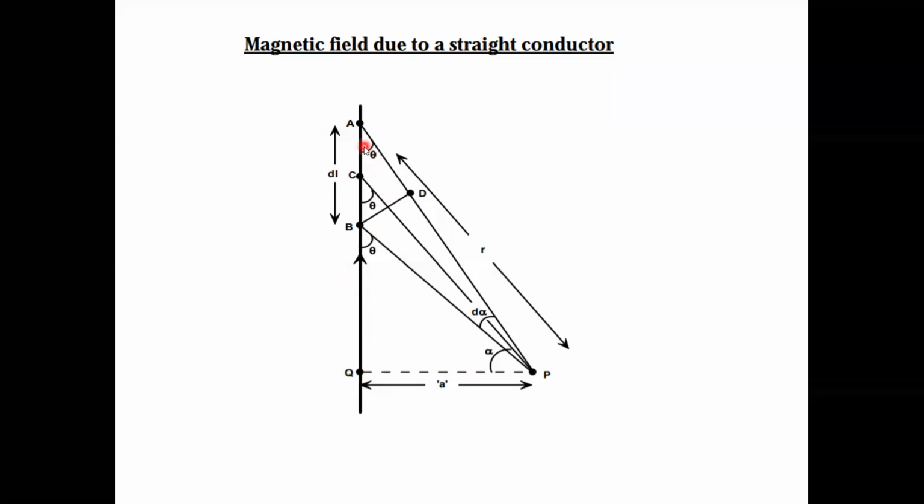Here we take a smallest length on the conductor, let it be dl.